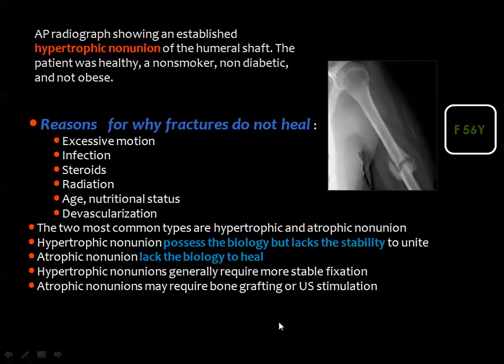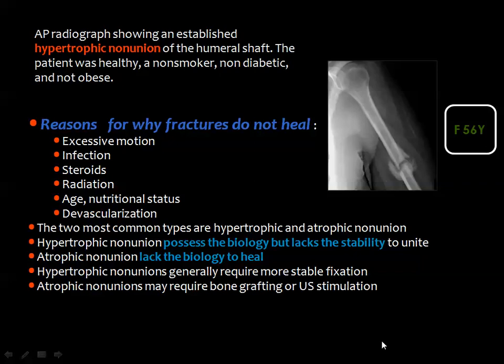And we have 2 types of non-union: the hypertrophic non-union and the atrophic non-union. Hypertrophic non-union means that the body has the ability for union, but the fracture is inadequately immobilized, and then there is continuous movement at the fracture edge, which prevents union in spite of adequate callus formation at the site of the fracture.